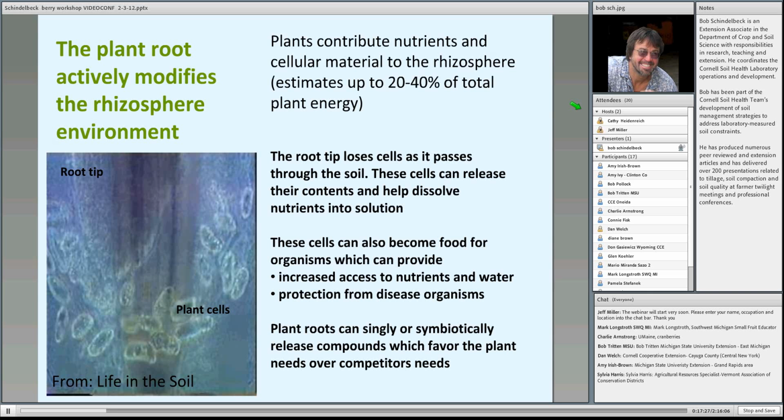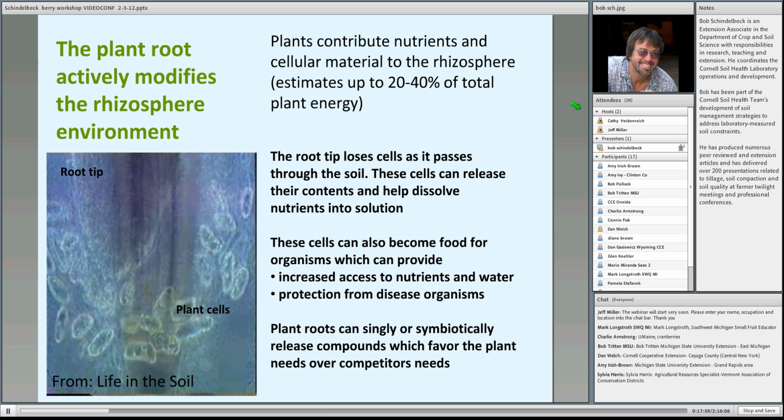So the root tip loses some of these cells, these epithelial cells, as it moves through the soil. And then as these cells die, they break open and release their contents into the rhizosphere. These cells can become food directly, or they can simply dissolve nutrients in the rhizosphere zone and make them available to the succeeding living cells in the root tip.